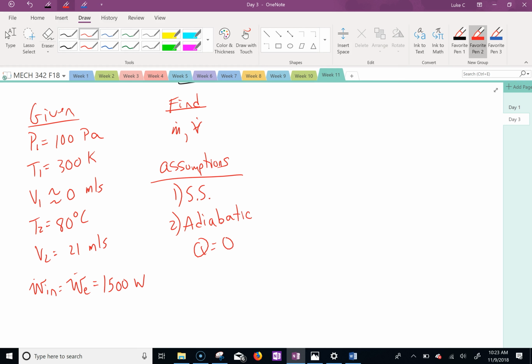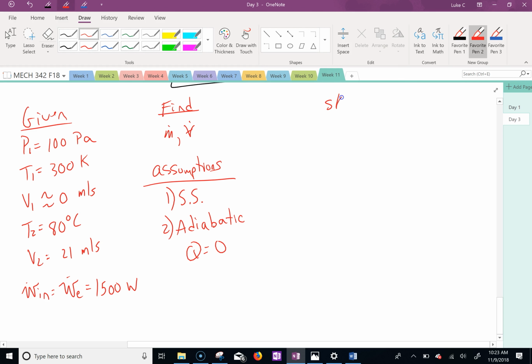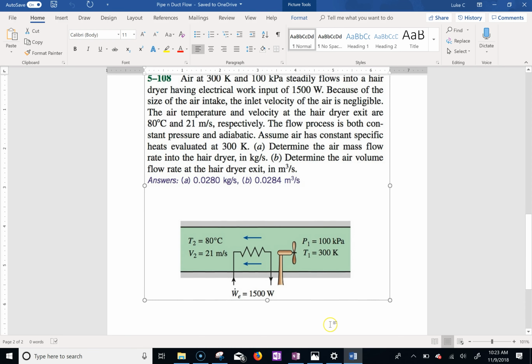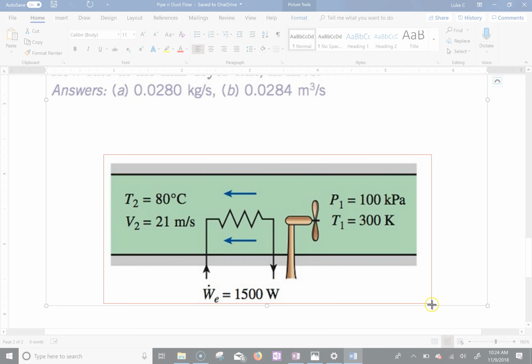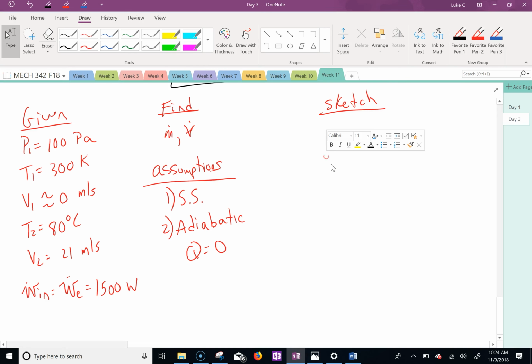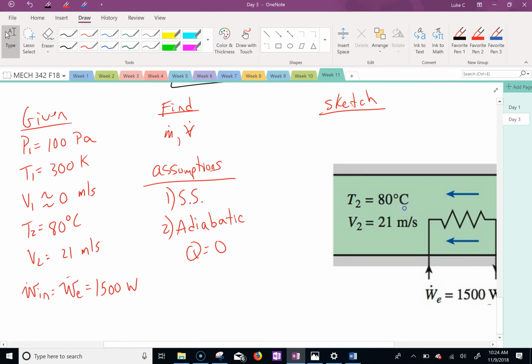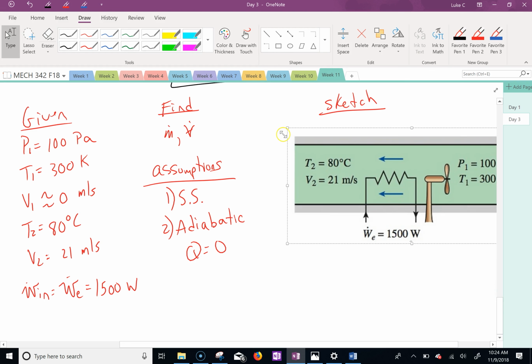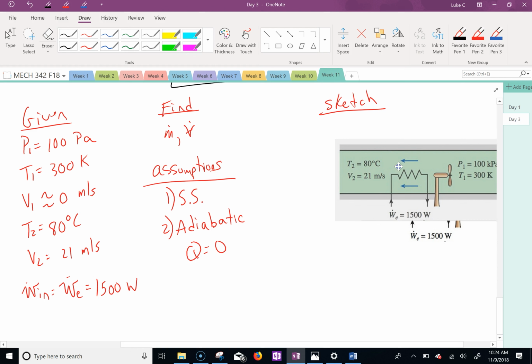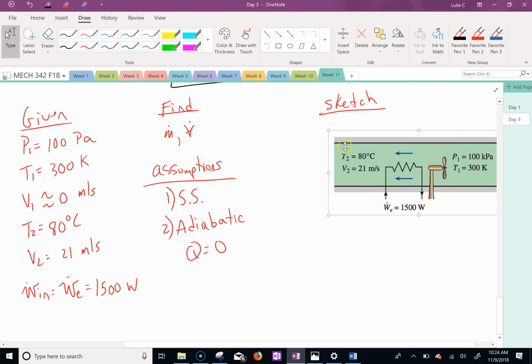Assumption: steady state, adiabatic, Q is 0. Sketch. Yep, and that's what I'm going to do. Some of you actually took the time, I think it was Wesley, he actually put computer paper in the printer and printed the sketch.